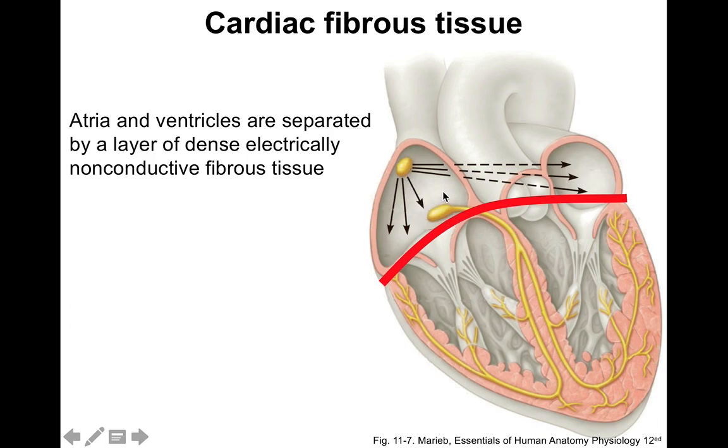The AV node is acting like a gateway for the signal to go from the atria into the ventricles. It's obviously important for allowing coordinated contraction. You want the atria to contract first, and then you want the ventricles to contract second. You don't want the signal just going through the walls of the atria into the ventricles, because it would then lead to abnormal signaling, abnormal contraction.